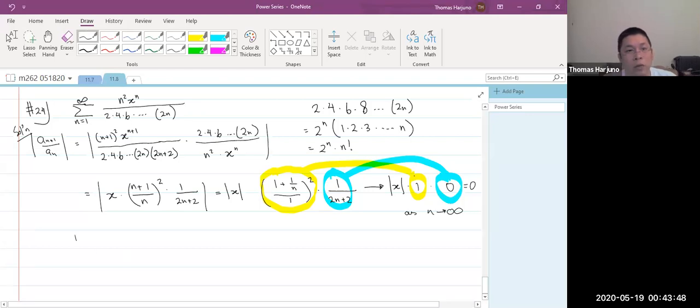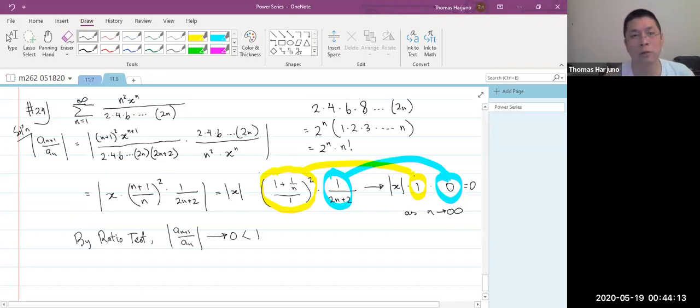Now by the ratio test, this a sub n plus 1 over a sub n, which converges to 0, is always less than 1 already.